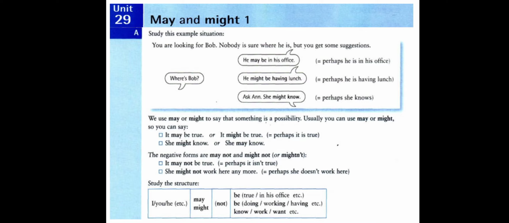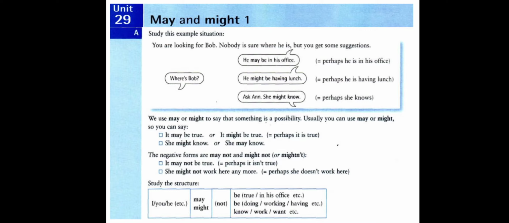A third person might say, ask Anne, she might know. Here the main verb is know, and to express possibility we use might. Then it becomes she might know or she may know. Perhaps she knows. When we are sure, then we say she knows.